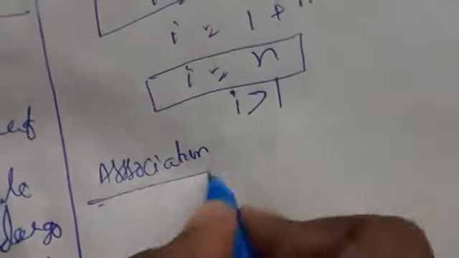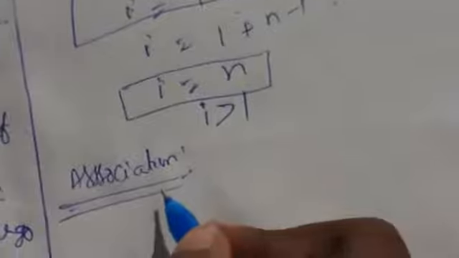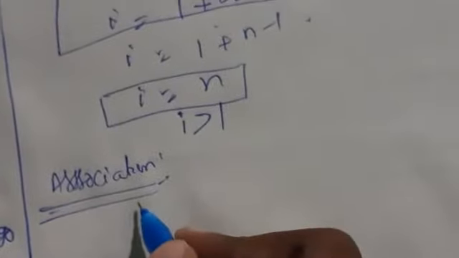In the second condition, if you take association, what happens is there will be a decrease in the number of particles of the solute. That means the colligative properties also decrease.